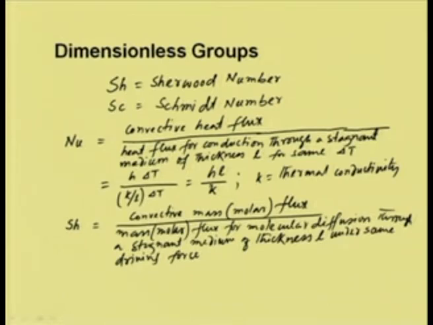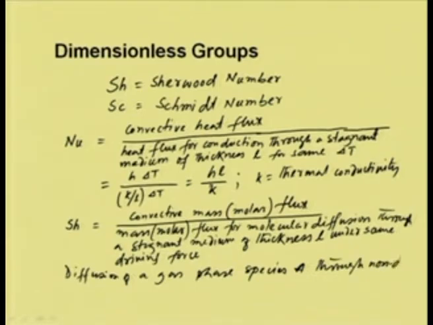So, in case of diffusion of a gas phase species through non-diffusing B, convective flux we can write is Kg into delta PA. PA is the partial pressure difference.